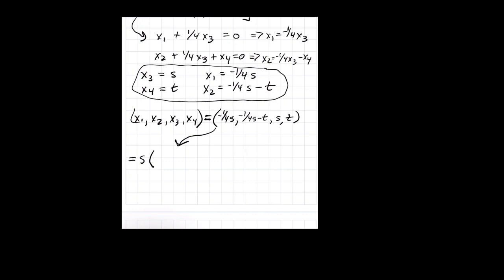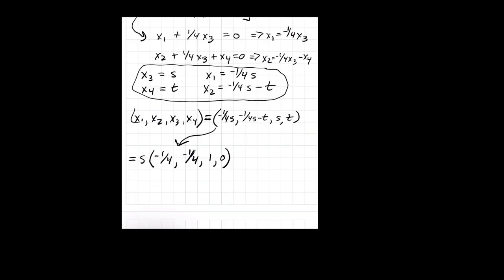For the first coordinate, if we pulled out the s, what would we be left with? Yeah, we got negative 1/4. Then we look at that second coordinate, pulled out the s, still have 1/4. Is there an s term in that third coordinate? Yes, there is. There's a 1. For the fourth coordinate, is there any s term? No, so that would be a 0 here.